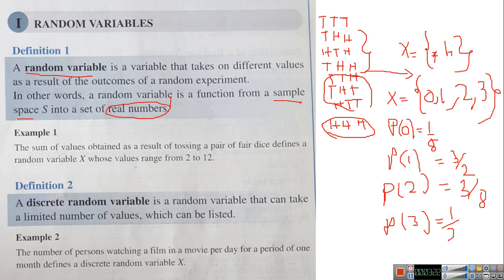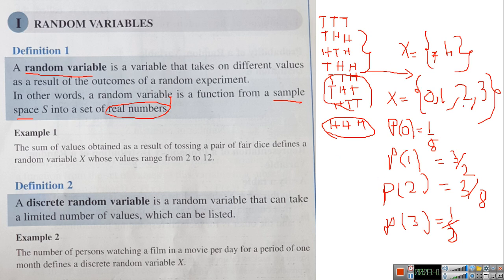If you sum all of these, 1 plus 3 is 4, plus 3 is 7, plus 1 is 8, 8 over 8 is 1. So it's a random variable. We solved many problems of random values, but we didn't say it's a random variable. So it transforms a sample space into a set of real numbers.